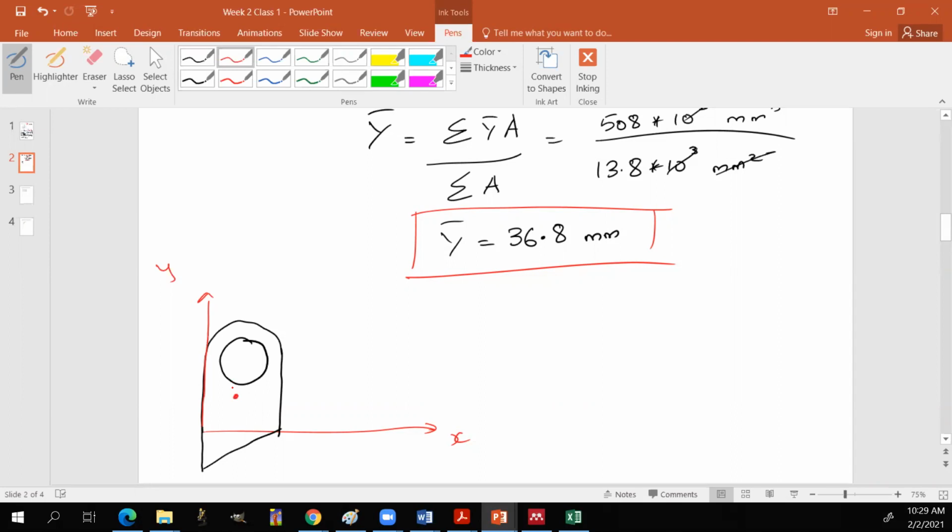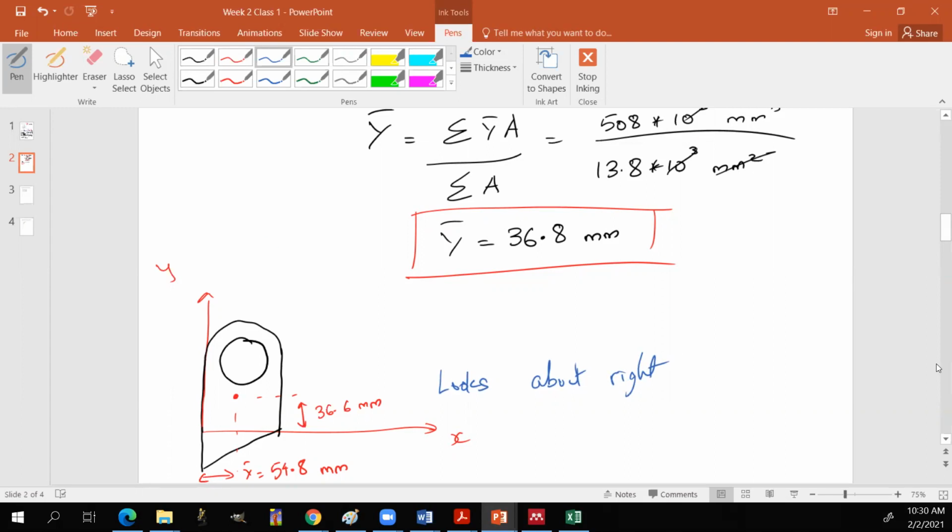So x bar is equal to 54.8. That guy is equal to 36.6. That looks right. Looks about right. Good stuff.